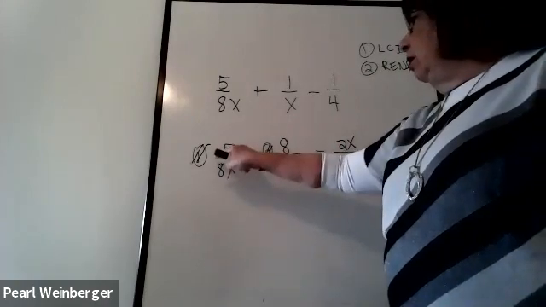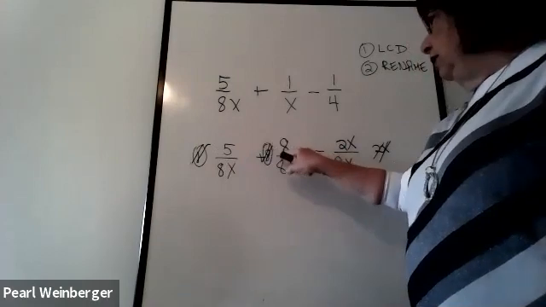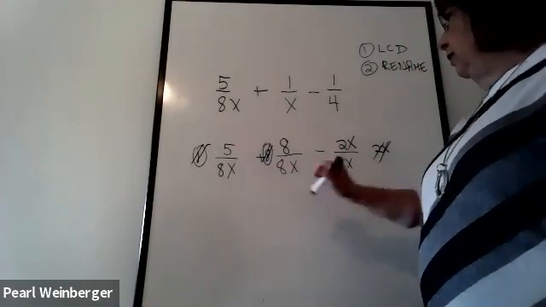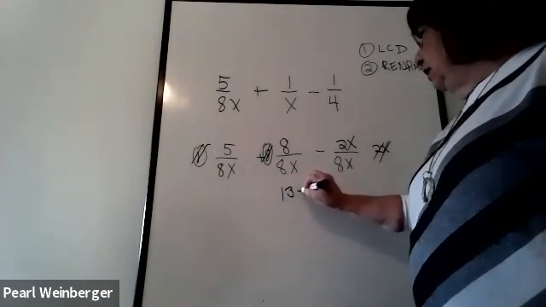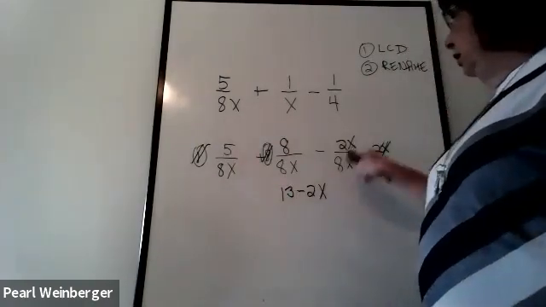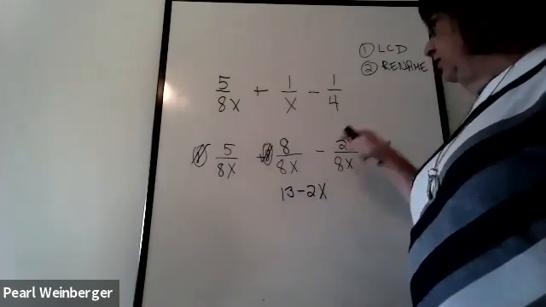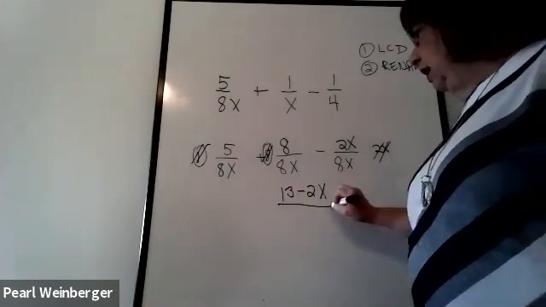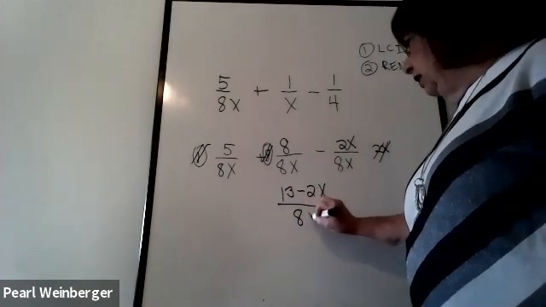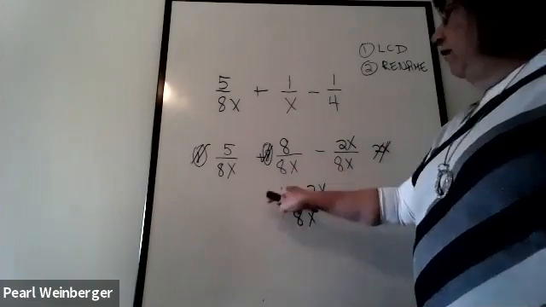We're going to now combine the numerators. This is a 5 plus an 8, which is 13. 13 minus 2x is this numerator, because the 2x is not like terms. The 5 and the 8 are like terms, but the 2x has to be separate, and it's all over 8x. There is no way of factoring.